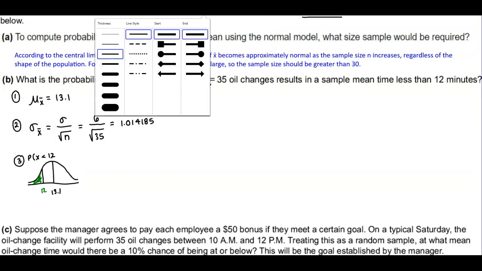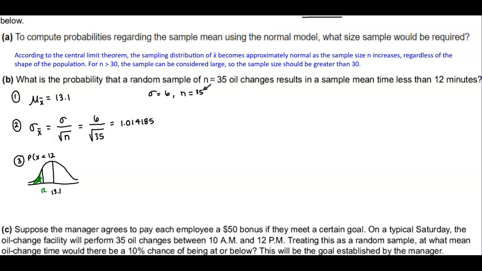But in this particular problem, we need to convert it to a z-score. So x is equal to 12, and then we subtract the mean, which is 13.1, and divide that by the sample standard deviation, which is 1.014185. So the z-score is negative 1.08.